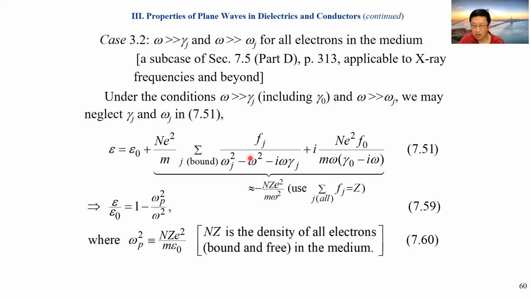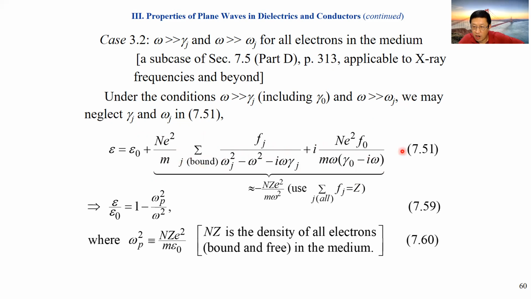So in this case, omega is very, very large. We have m in the denominator, and here is omega squared. We have minus omega squared, the i cancels, so we have a minus sign here.